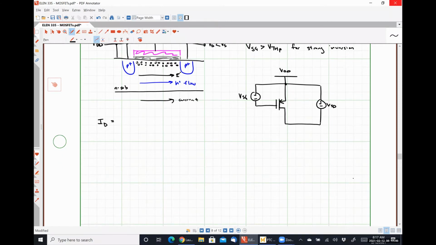So from this, we get the relationship ID is equal to mu P Cox W over L times VSG minus VTHP times VSD minus 1/2 VSD squared.